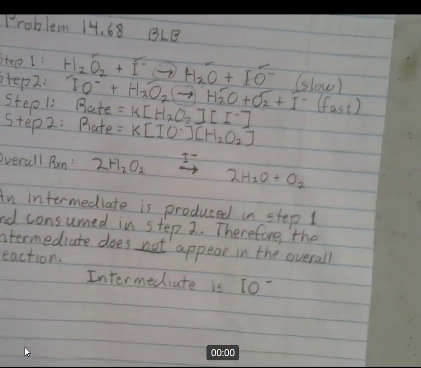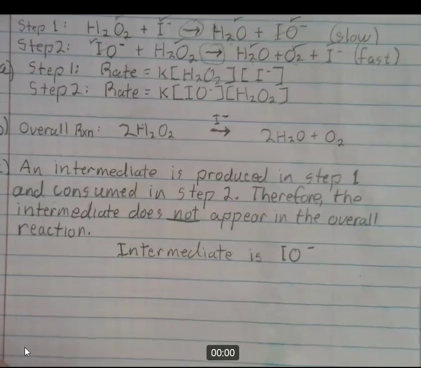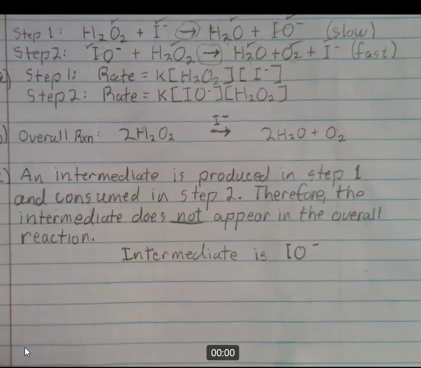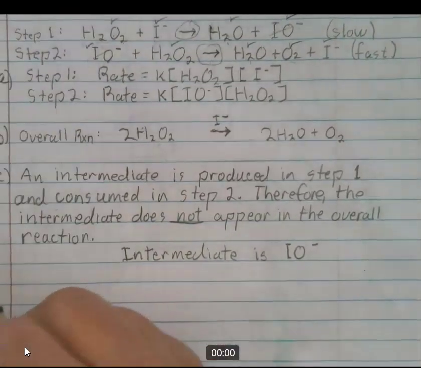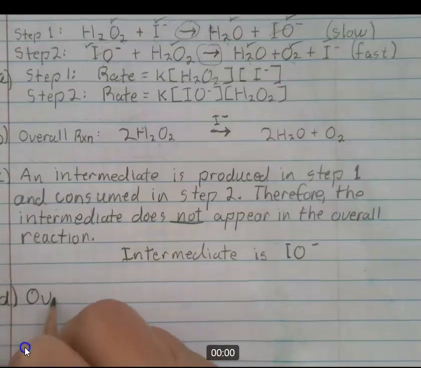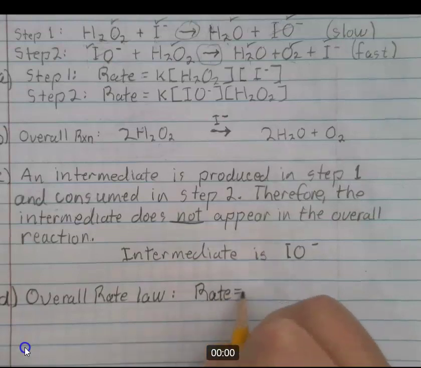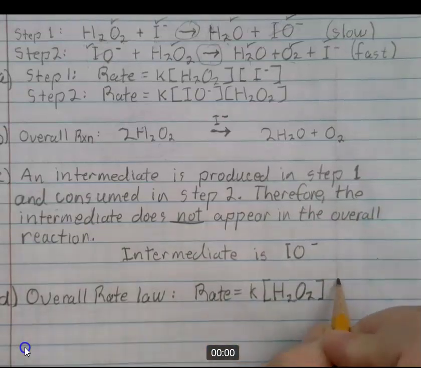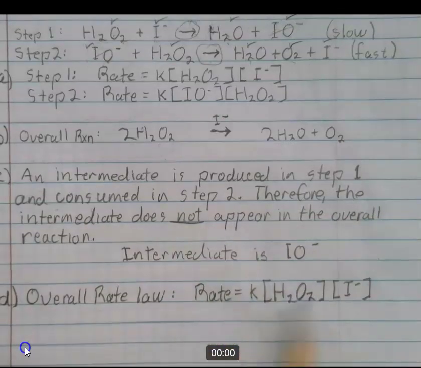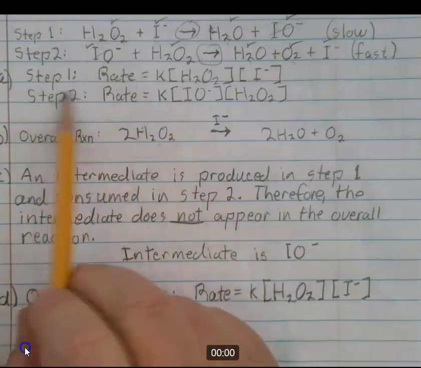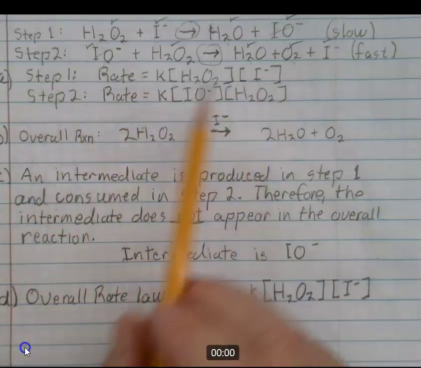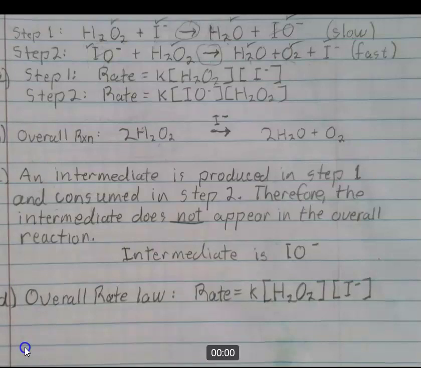Therefore, that's the answer to the question, that the slow step rate law is the overall rate law. Okay, and there's the overall rate law, which exactly matches the rate law of step 1, the slow step. And that takes care of this problem.